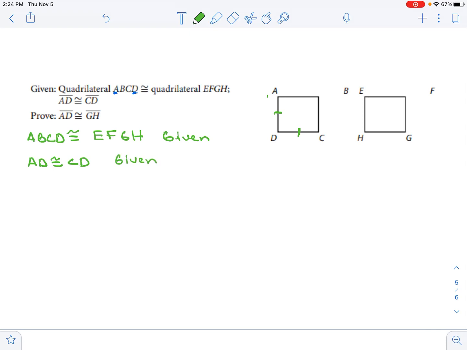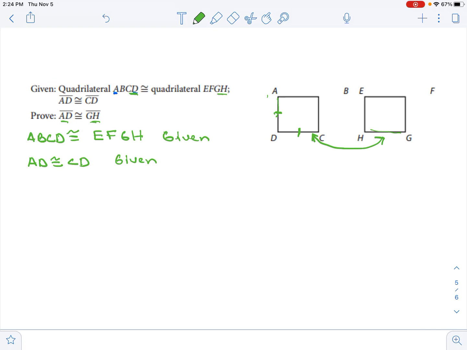All right. Now, our goal is to get that AD equals GH. So we want this side to equal this side. Well, we know that these two sides correspond. They're in the same position, CD and GH.